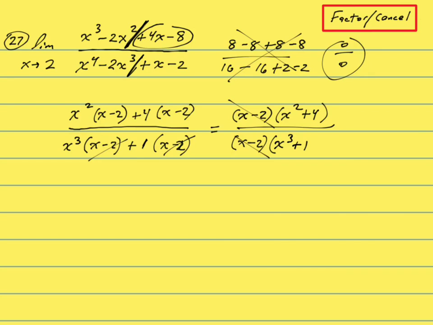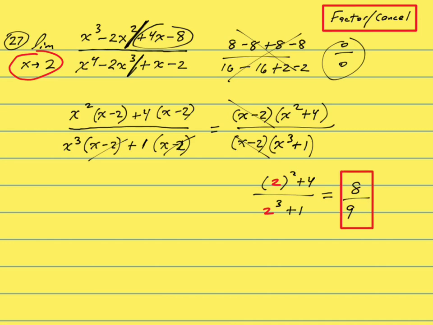Now after you cancel, I think you can put in a 2, and you're going to have some other value. If I put in a 2 for the x, because that's what it's approaching, you get 4 plus 4, which is 8. 2 to the third is 8, plus 1 is 9. So this one should be 8/9.